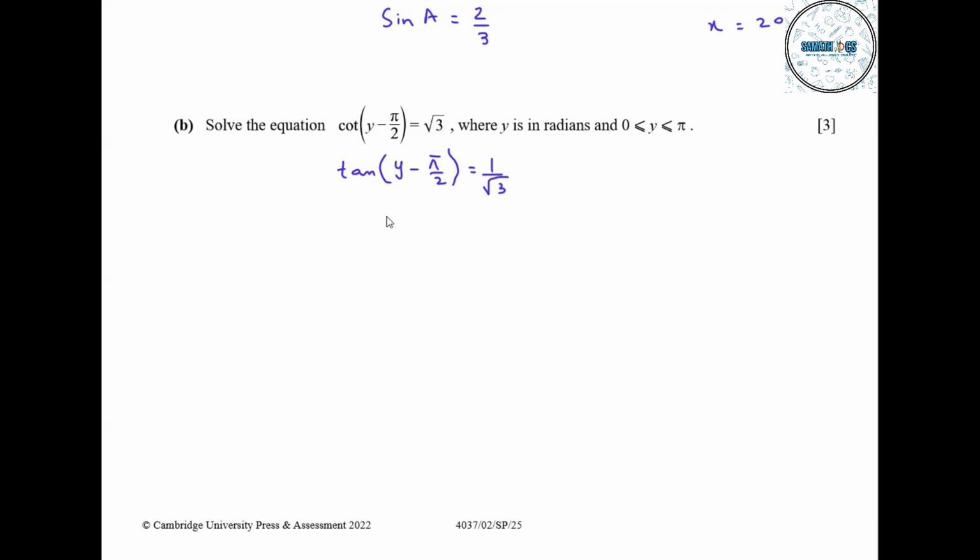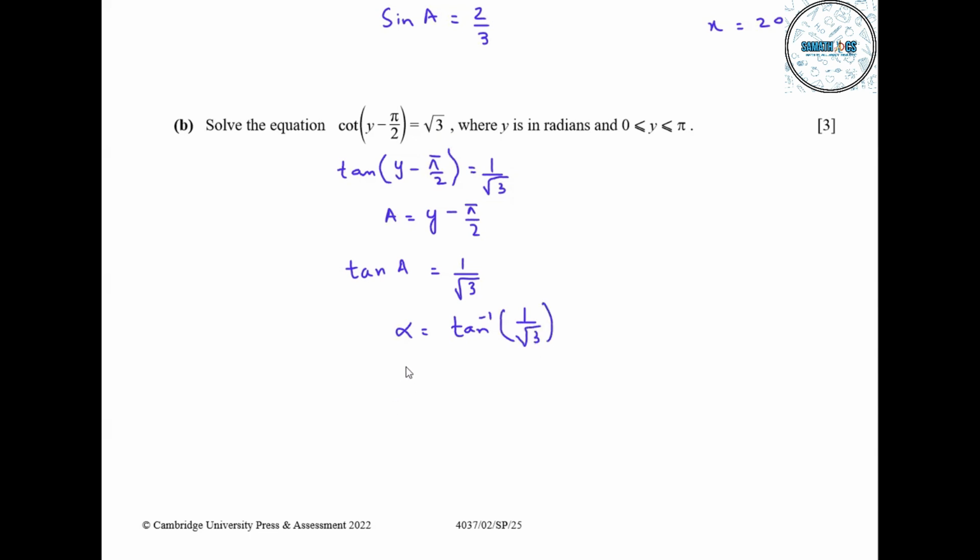Now this is a compound angle, so we can take A is equal to y minus pi upon 2. So our equation will become tan A is equal to 1 upon root 3. So now we have to take out the basic angle alpha by taking tan inverse of 1 upon root 3.